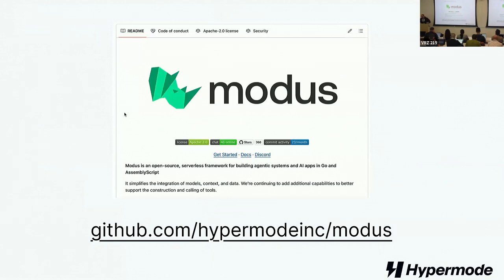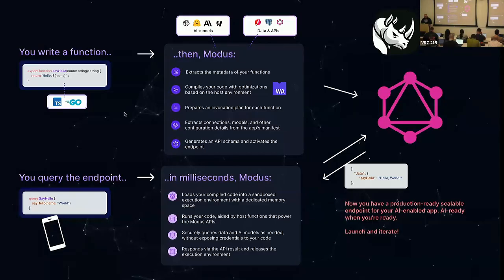And at Hypermode, the way that we enable tools for models is with an open source framework called Modus. We think of it as an agent framework. It's really a serverless API framework that gives you abstractions for working with models and data and tools.